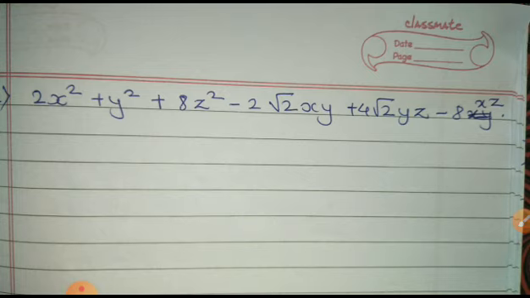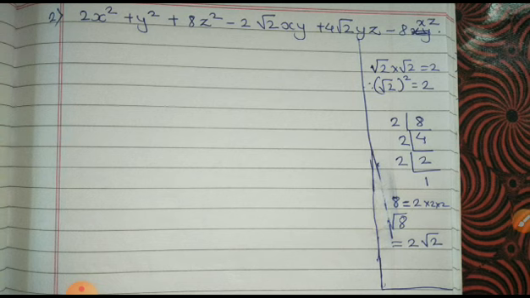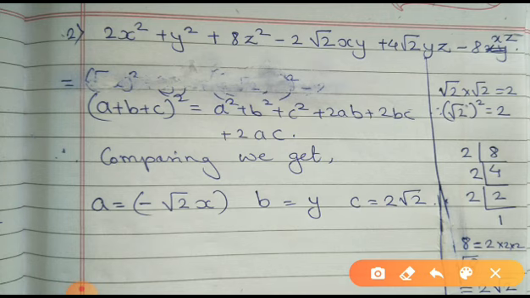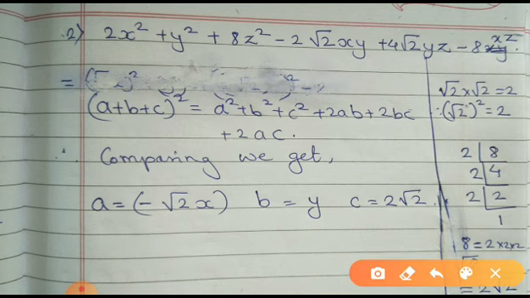Now I have to think what is positive and what is negative. Here x into y is given to be negative, y into z is positive. That means my y should be positive, but x should be negative, and z also will be positive itself. Okay, so what are the values of a, b and c you will get?